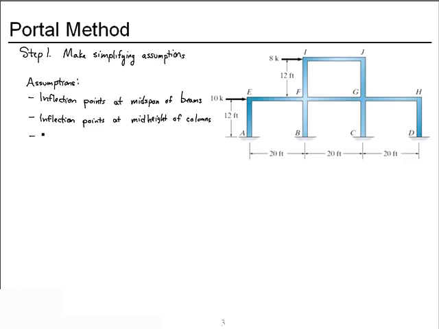And our last one, interior columns each receive twice as much shear as each exterior column.